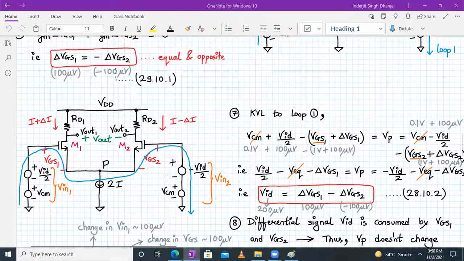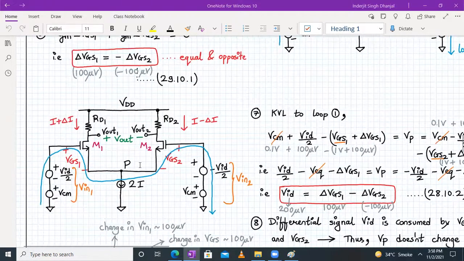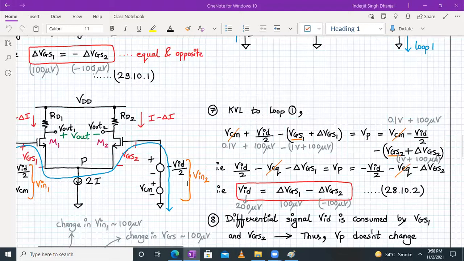Similarly, when we apply the KVL, we get VCM plus VID by 2 minus of VGS1 plus delta VGS1 is equal to VP, which is again equal to VCM minus VID by 2 minus of VGS2 plus delta VGS2, where delta VGS2 is nothing but 100 microamperes.